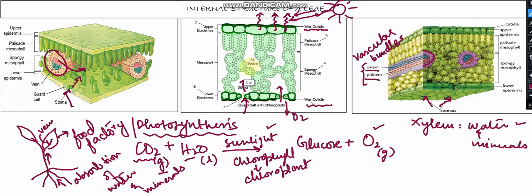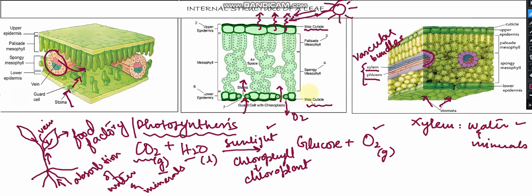So in order to have this safety, this protection, the leaf should have control over the water which is required. So these waxy cuticles, these wax protective layers, are there at the top as well as at the bottom. But there's a difference. The top layer does not have a stoma, but the bottom layer does have a stoma.